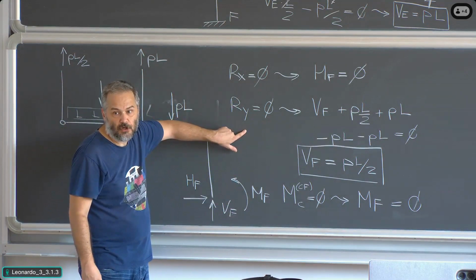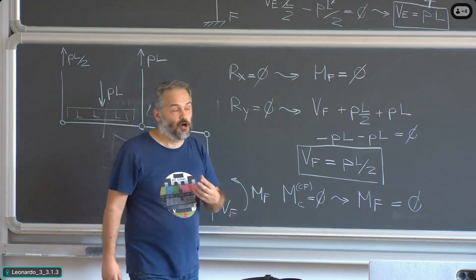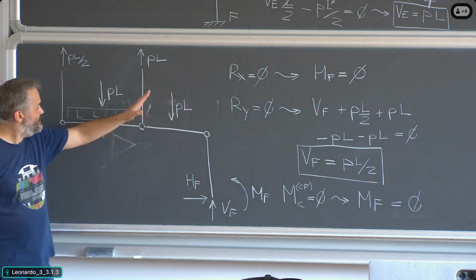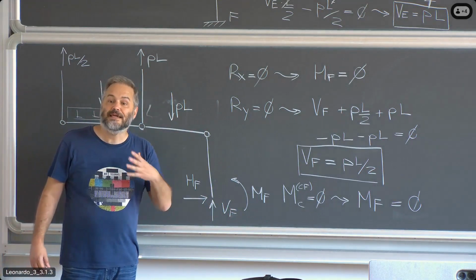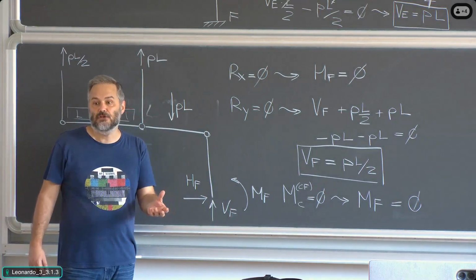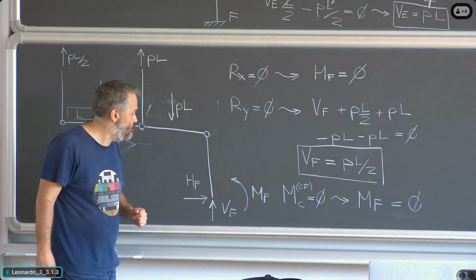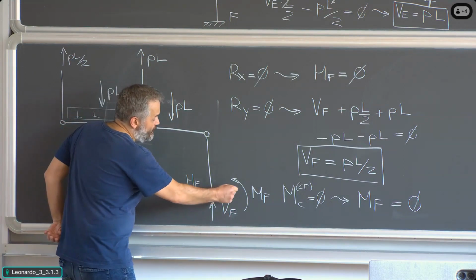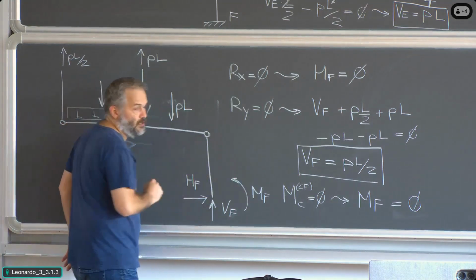But it's not a wise choice because on the whole structure we have a series of different loads, and including them increases the likelihood of making mistakes. So we can make things simpler. How? We can write the rotational equilibrium of member CF only.